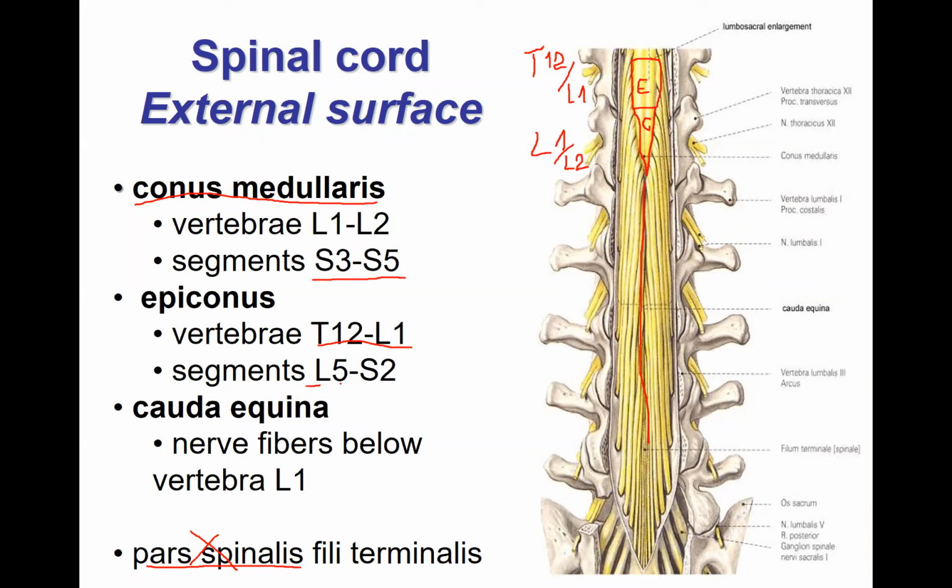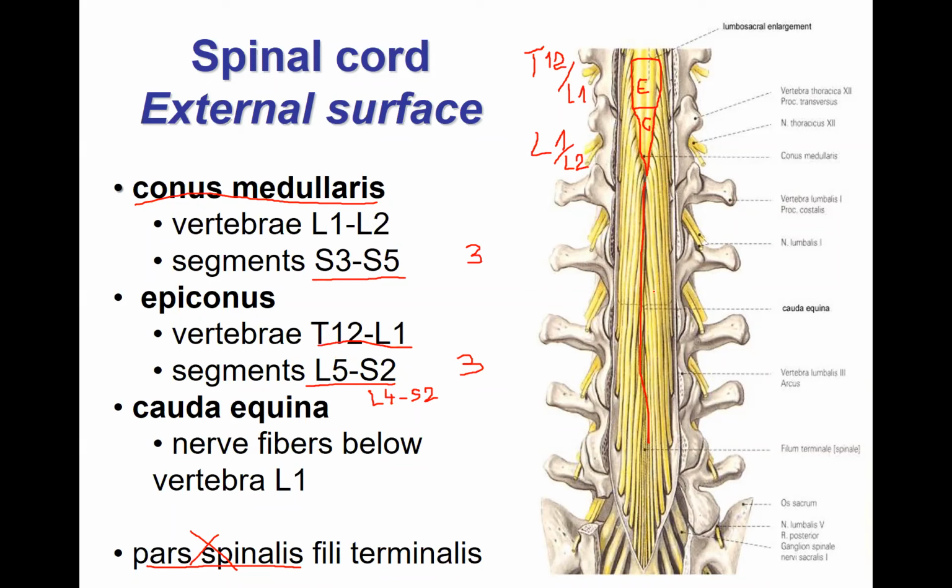And it contains another 3 segments, so all the time it's 3 segments. You can see that these 3 segments approximately match the sciatic nerve, L4 to S2. So the problems in compression of epiconus will be mainly in the area of the sciatic nerve and in the area of leg and foot.